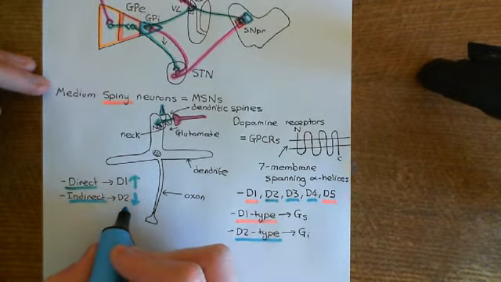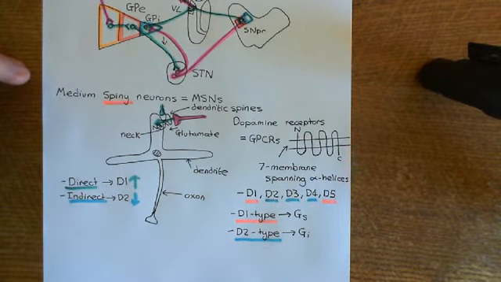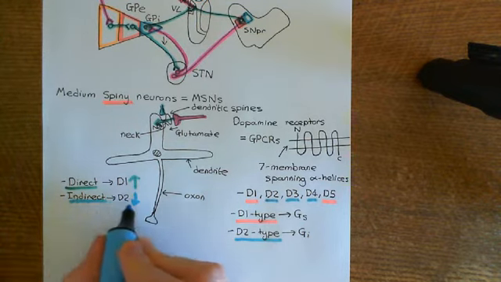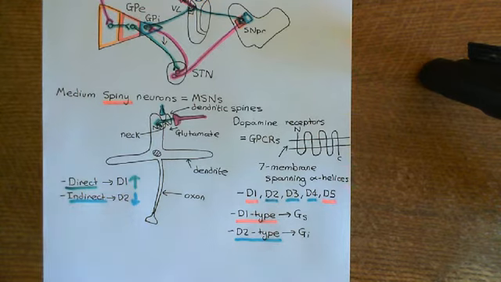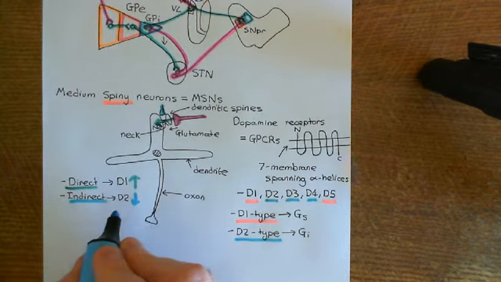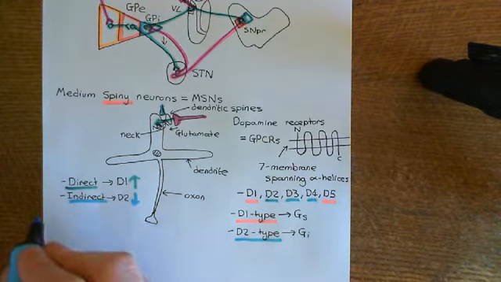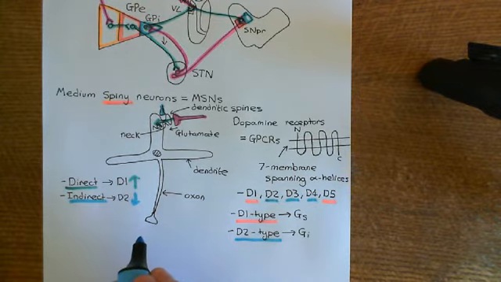Again, this is pro-movement, because remember, the indirect pathway is stopping permission from going to the other areas of the secondary motor cortex. So by reducing its activity, you're effectively making it easier to give permission to other areas of the secondary motor cortex. So again, this is helping you make movement. The more dopamine you have, the easier it's going to be to make movements.